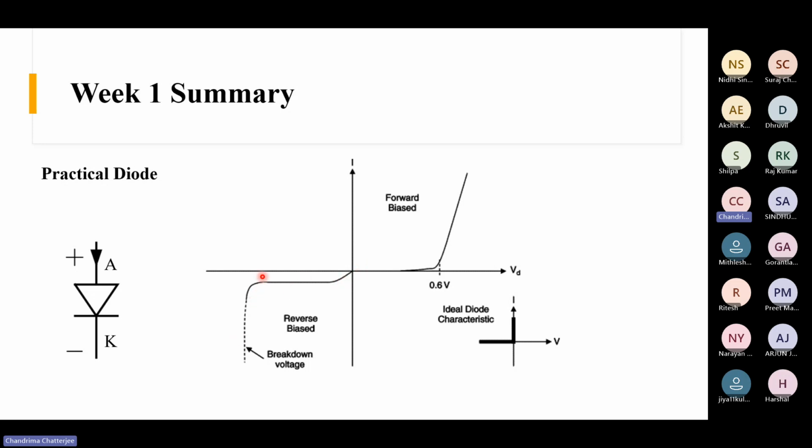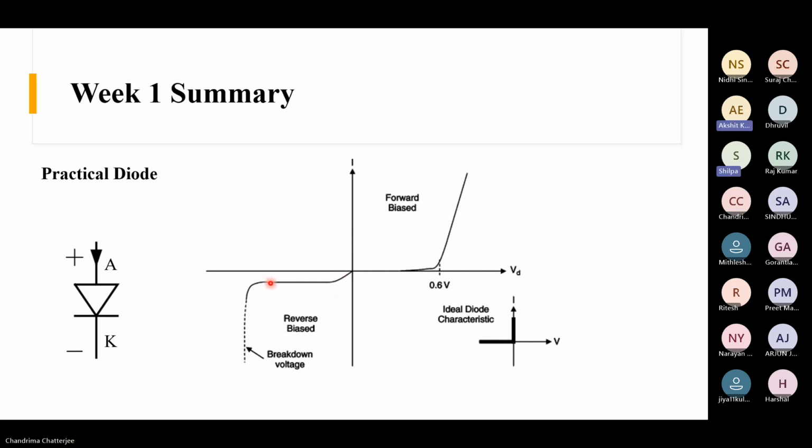It will allow some amount of leakage current, but this is so small that it doesn't affect any operation of the circuit. If you ever test a diode, you will see that. This current will not affect your operation of the circuit, right? Did you understand?